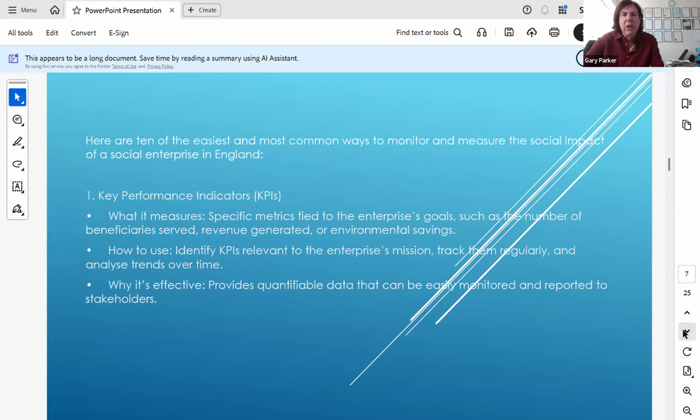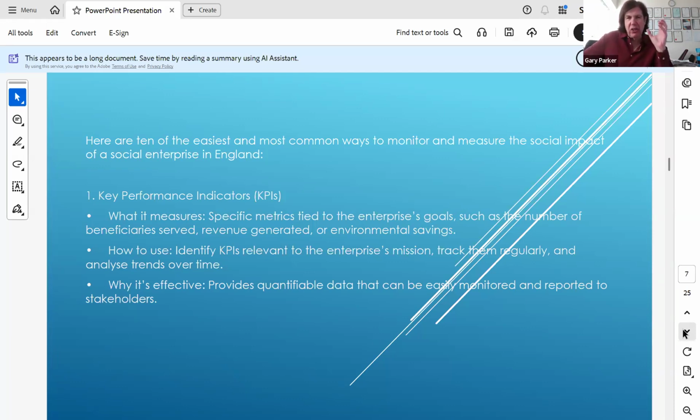So, what I'm going to do now is show you 10 of the easiest and most common ways to monitor and measure the social impact of a social enterprise or non-profit making organization in England.